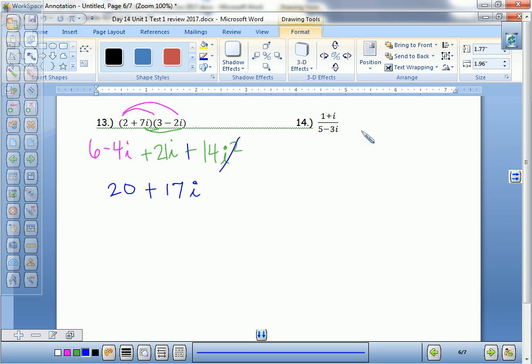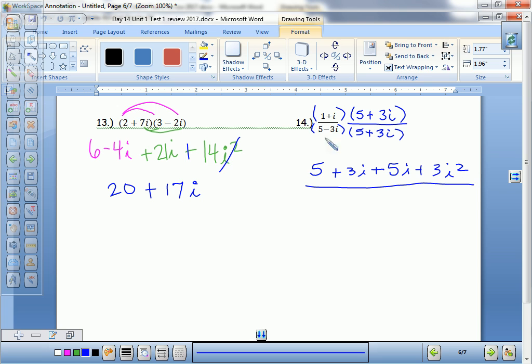Alright, and finally we have division, which we change to multiplying by the conjugate. So basically it turns into 2 multiplications. Multiplying up top, multiplying for the denominator. Now when we multiply the numerator, we get 5 plus 3i plus 5i plus 3i squared.